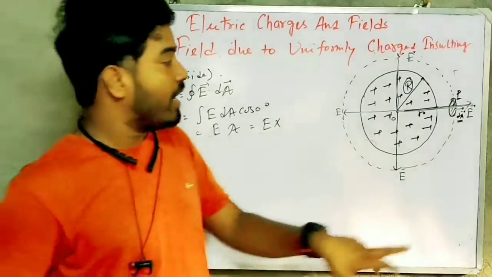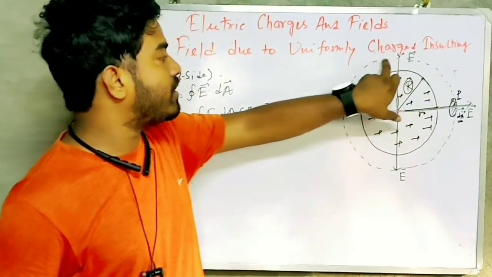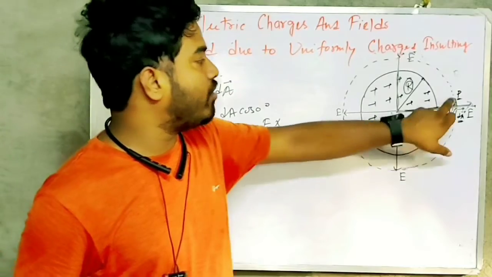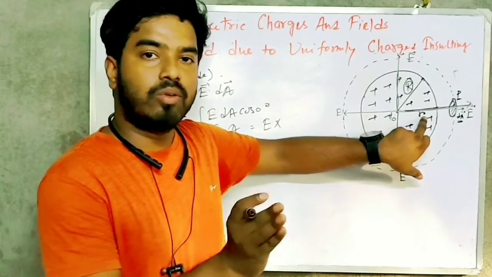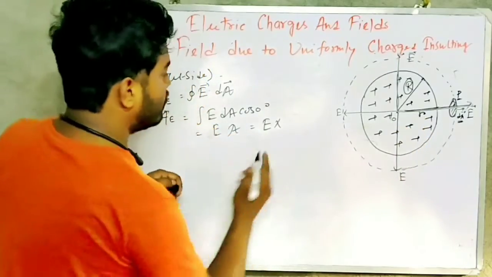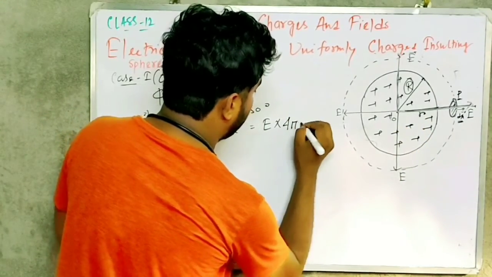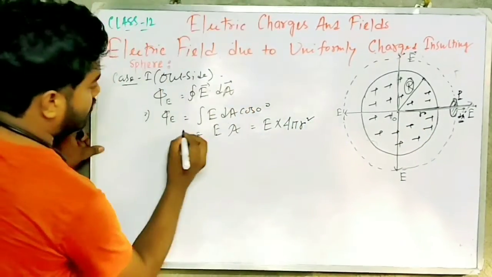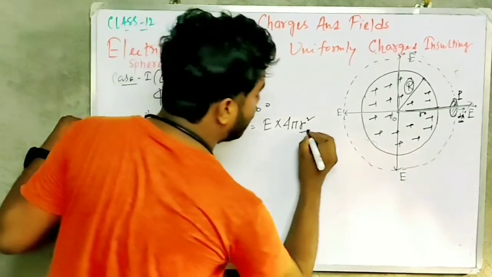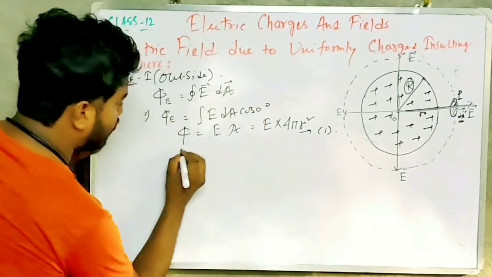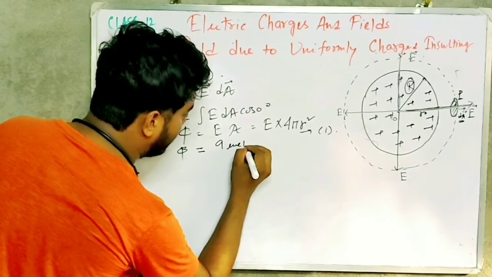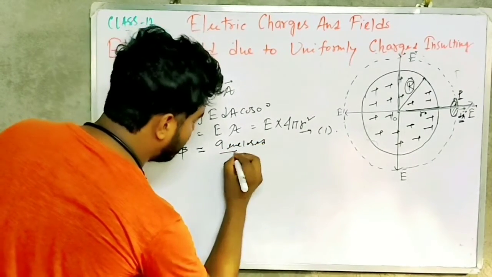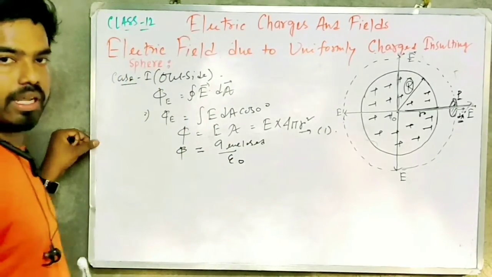Which area? Area of this Gaussian surface, and here the Gaussian surface radius is small r, so the area will be 4 pi r square. So this is equation 1, and according to Gauss theorem we know that flux phi is equal to Q enclosed by epsilon naught. Clear?